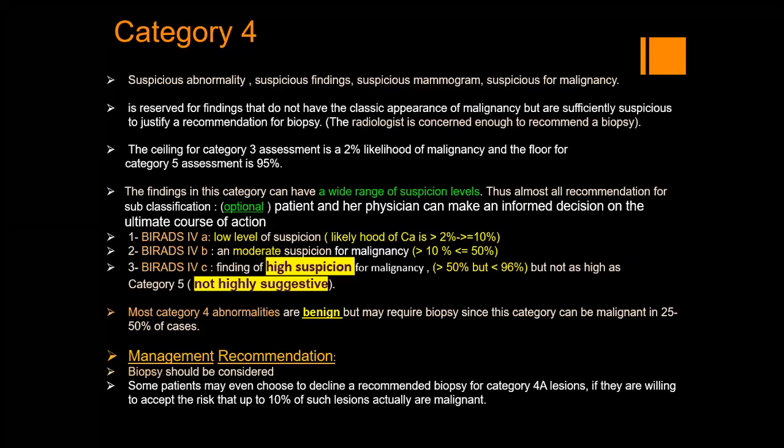The management recommendation is tissue diagnosis, but some patients might choose to decline the recommended biopsy for category 4A, if they are willing to take the 10% risk, and just to follow the patient, we have no problem, since the risk is low.